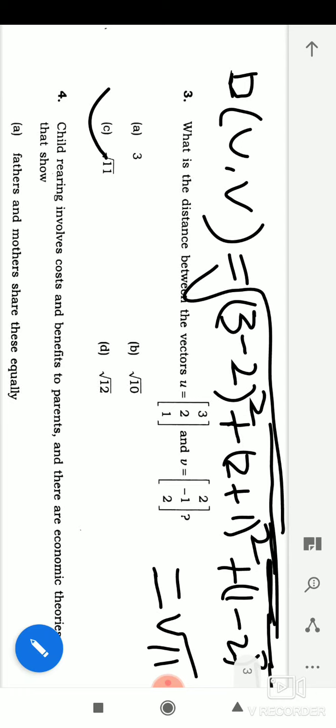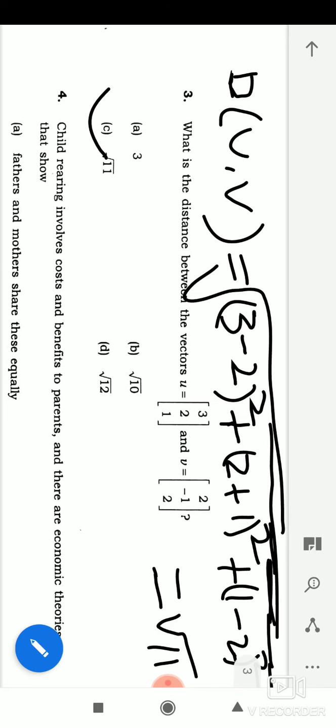Plus the difference between the second elements, 2 minus minus 1, which is 2 plus 1, its square. Plus the difference between the third elements, 1 minus 2, and its square.